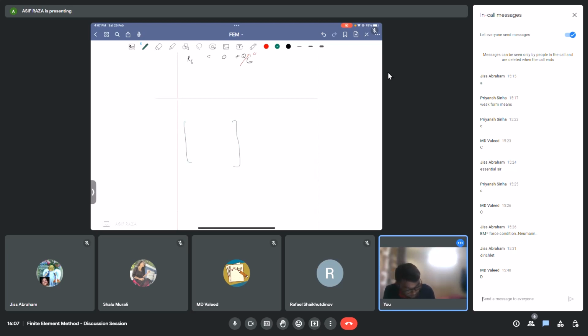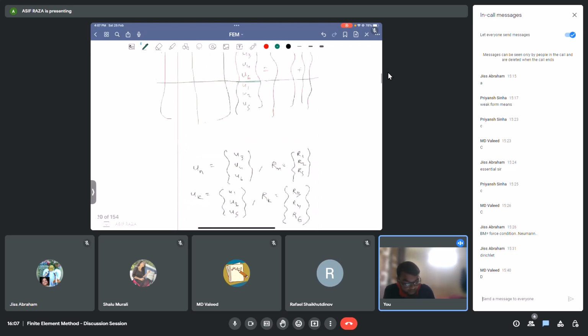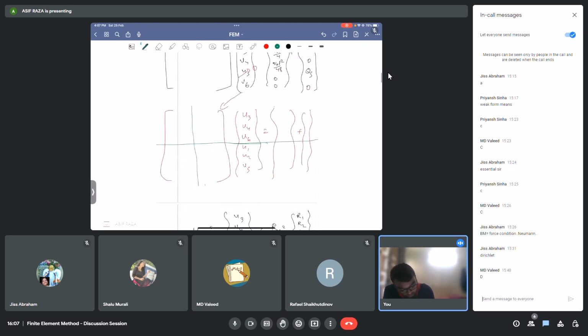stiffness matrix. If I write all in terms of blocks, okay, so this I write as known, this as Kn, this as Nk, and this is Nn.